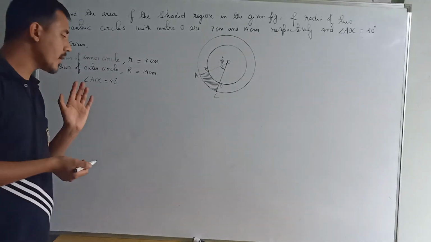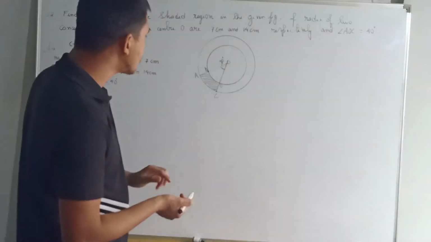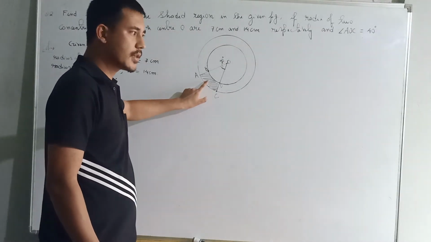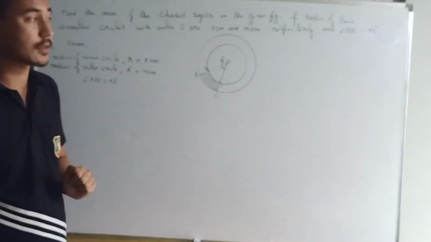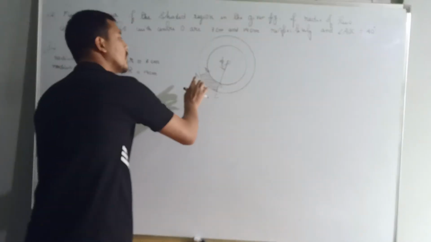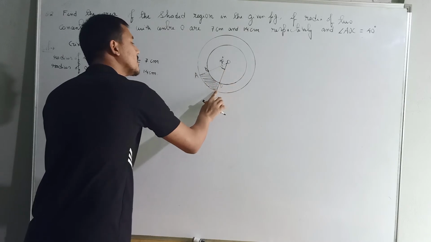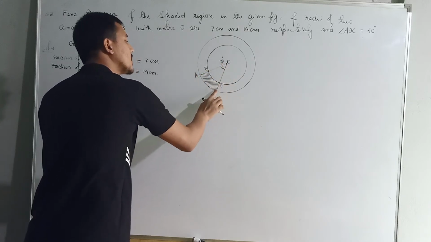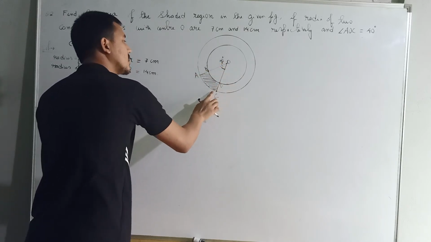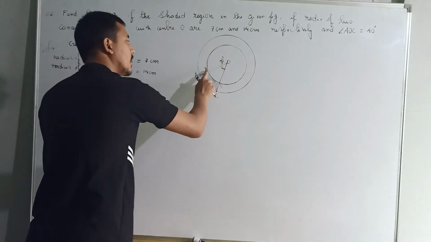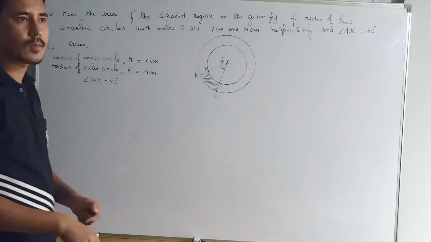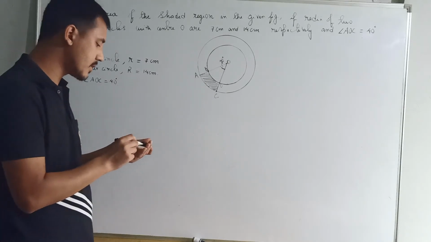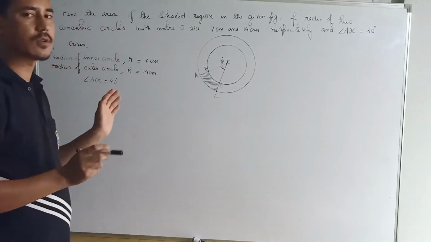Now if we look at the figure very carefully, we see that this shaded region is enclosed between two sectors. Here AOC is your bigger sector and BOD is your smaller sector. We already understood what a sector is in the introduction of this chapter.